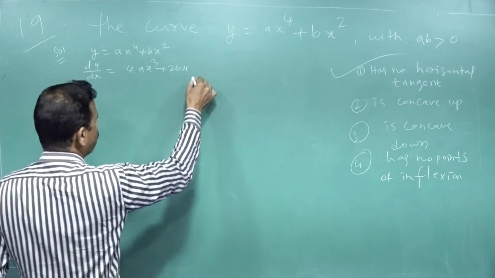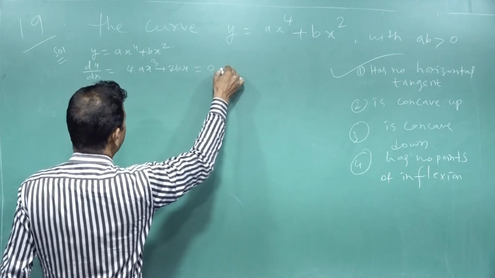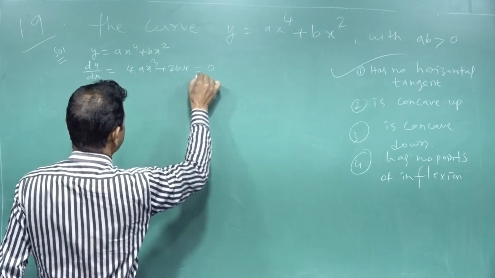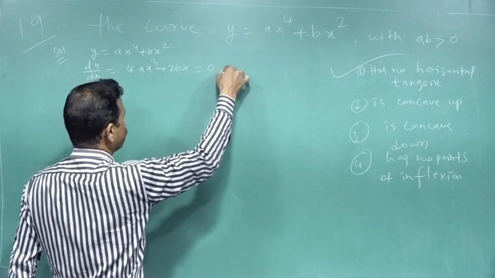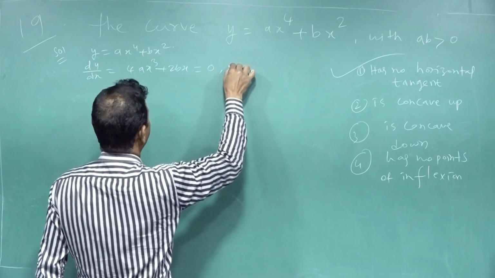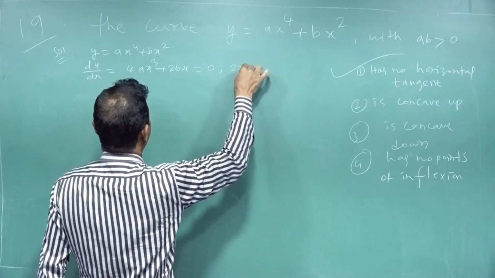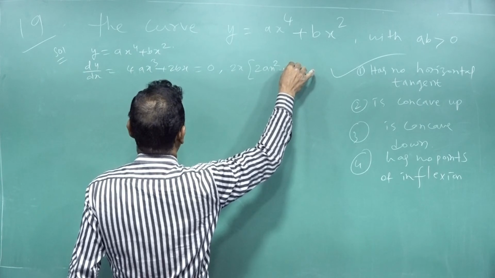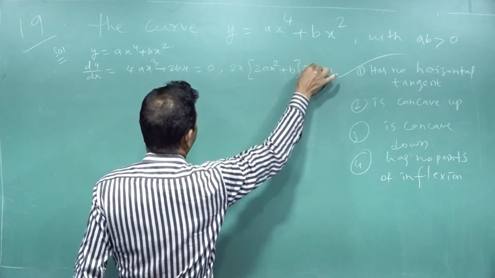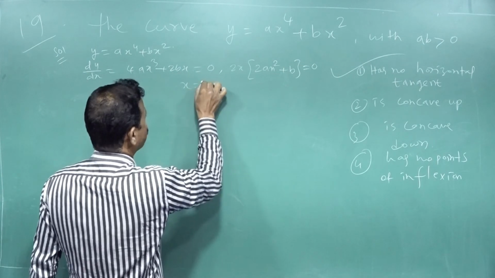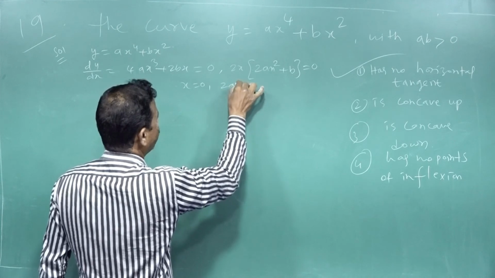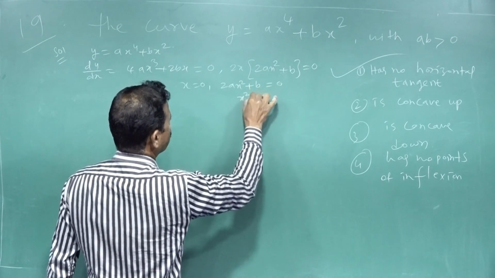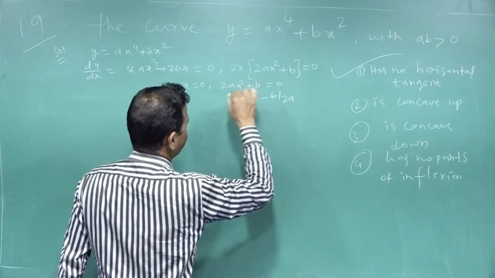If we equate it to 0, then dy by dx 0 means the x value comes. So here 2x common, 2ax square plus b is equal to 0. So x is equal to 0 and 2ax square plus b is equal to 0. X square is equal to minus b by 2a.